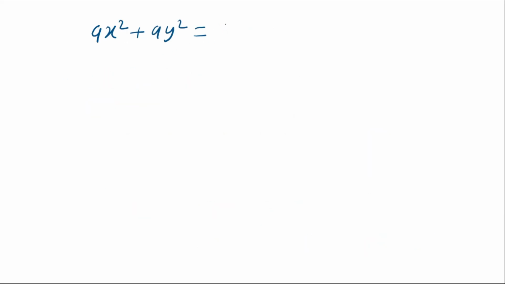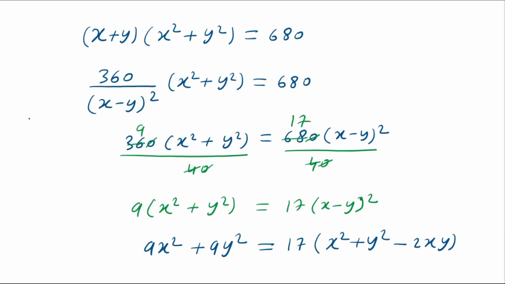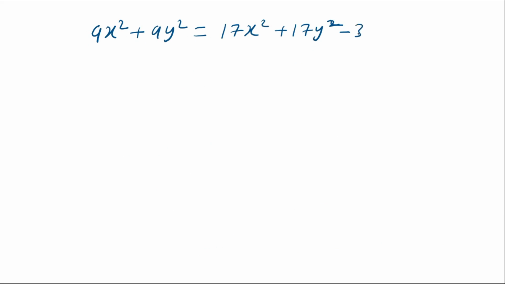Then on the right hand side 17x² + 17y², minus 17 multiplied by 2xy, so you will get minus 34xy.